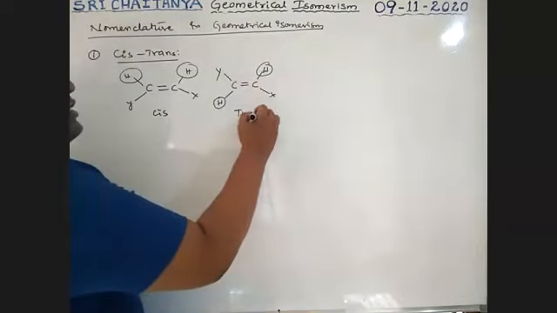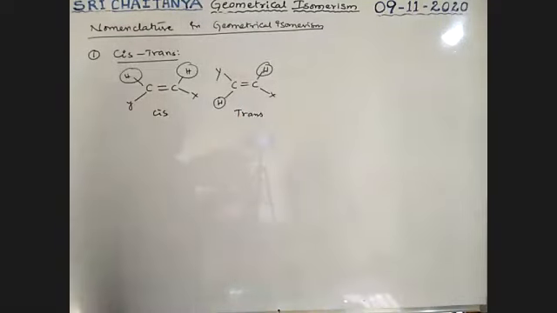Similar groups on the same side is cis, on the opposite side is trans. We already covered a number of examples of cis and trans conditions. So this is about the cis-trans system.